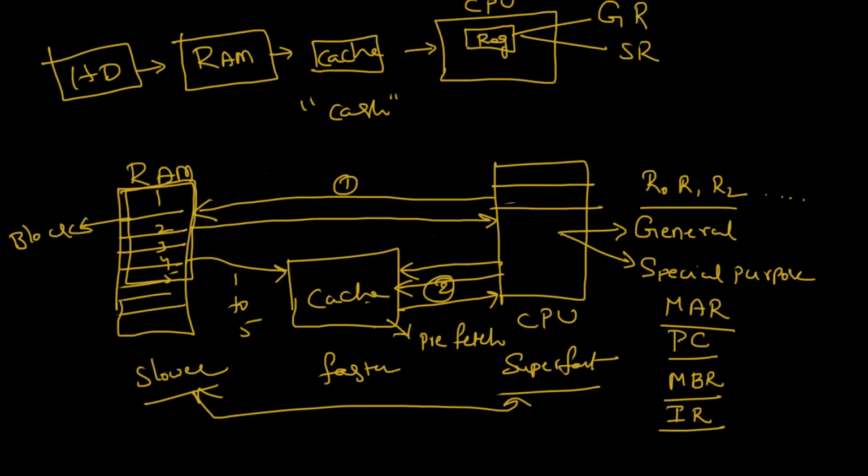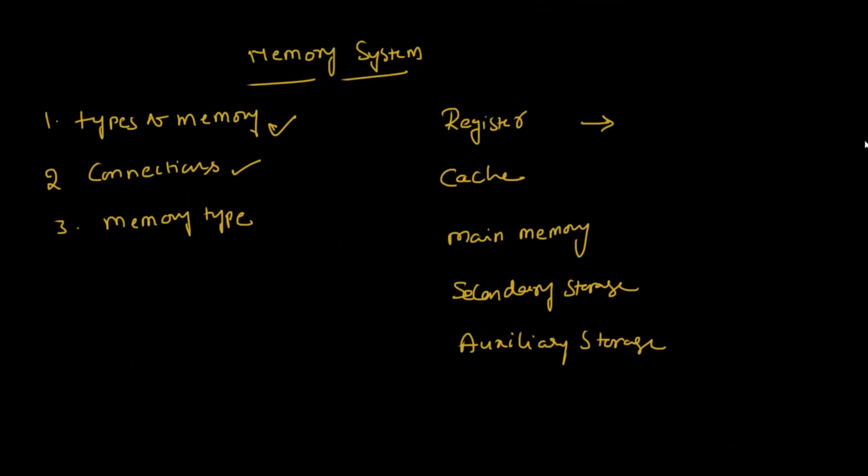Now let's go back to the memories again. If you see registers here, we already know that there are two types: the general purpose register and the special purpose register. Normally, registers are used to store intermediate values that are processed by the CPU. For example, R0 and R1 are registers.